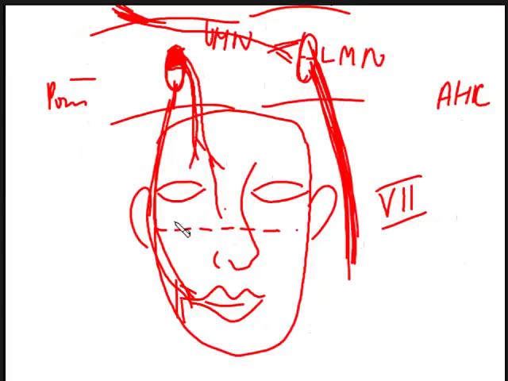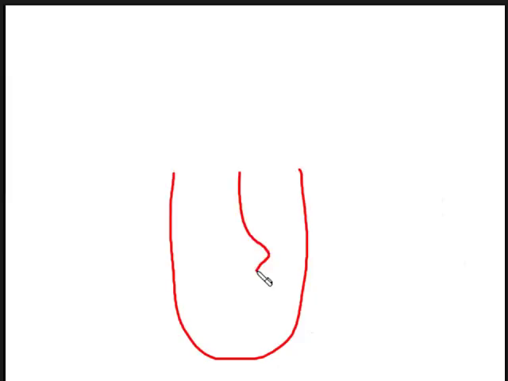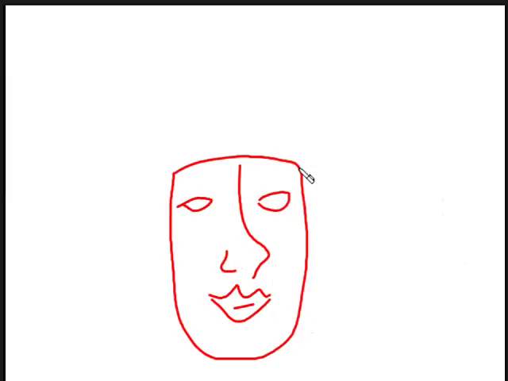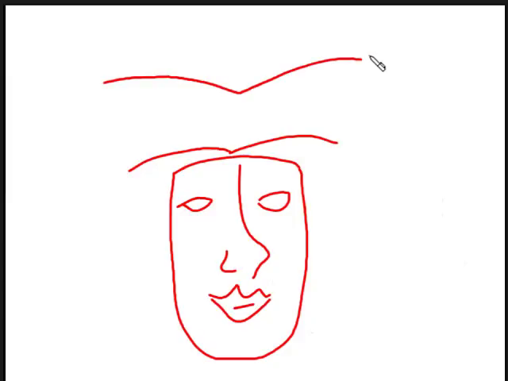Now let's look at another concept. So again, here we are going to draw our face. And here is the pons. Here's my seventh nerve nucleus, and I divided it arbitrarily into two parts.